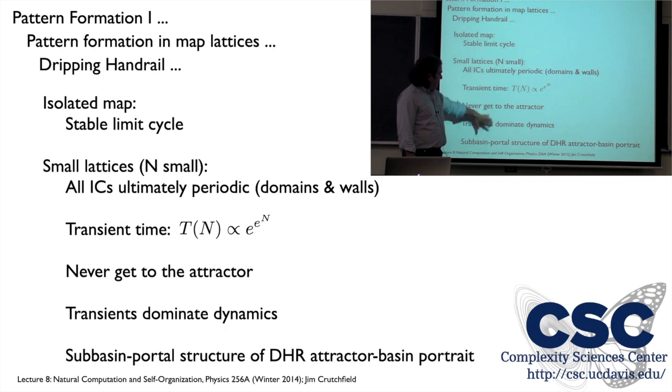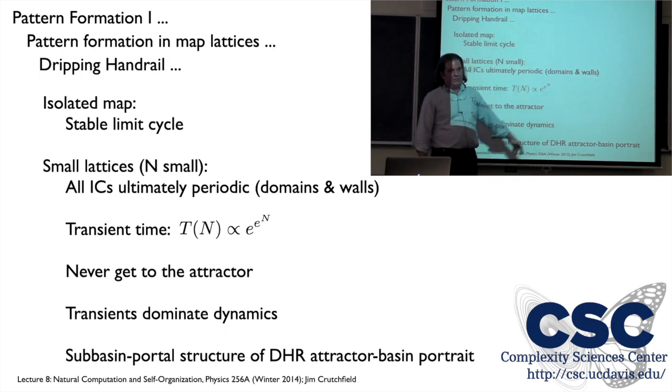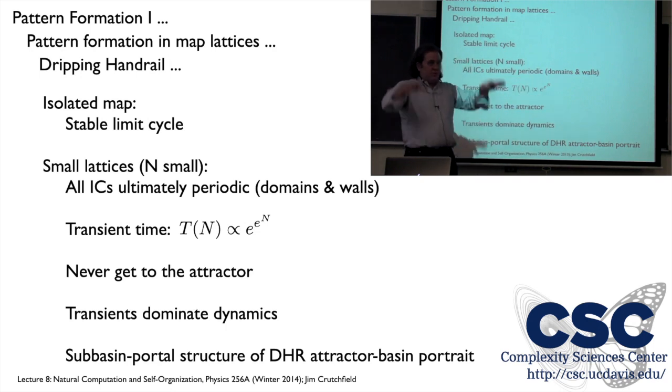One of the interesting things about this system, and I'll just summarize this here, then we'll do a demonstration. For small lattices, 5, 6, 200 or 300 sites, some range on the order of hundreds or smaller, all of the initial conditions are ultimately periodic. What we were just seeing in that space-time diagram are these sites jostling, trying somehow to get into phase.